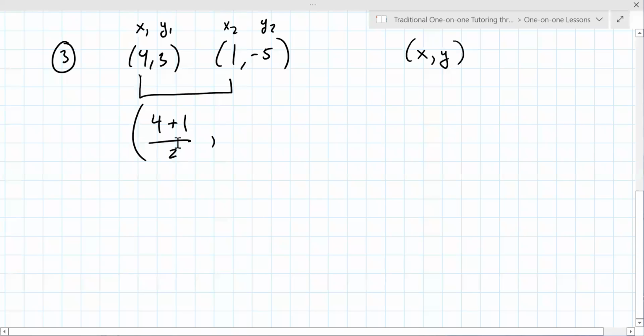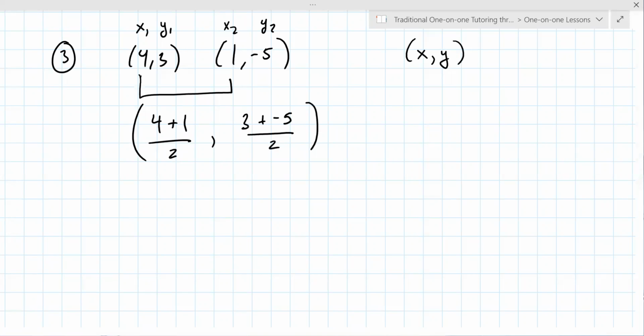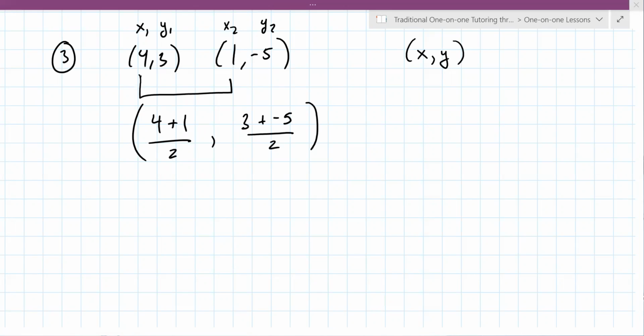Okay. And then you do the same thing for the y values. It's 3 plus -5 divided by 2. Okay, -4/2.